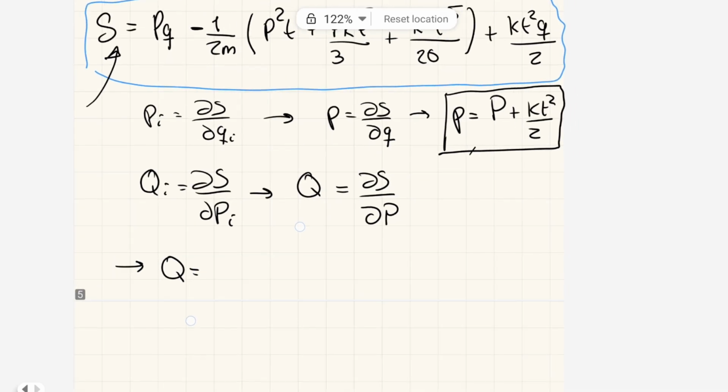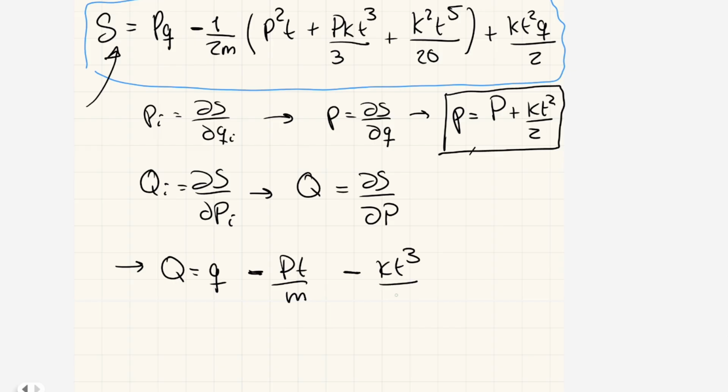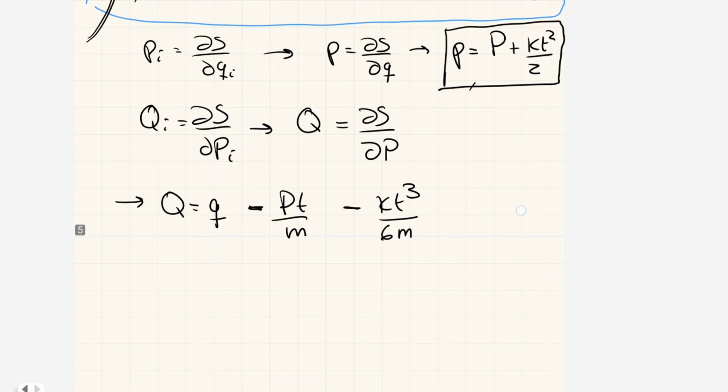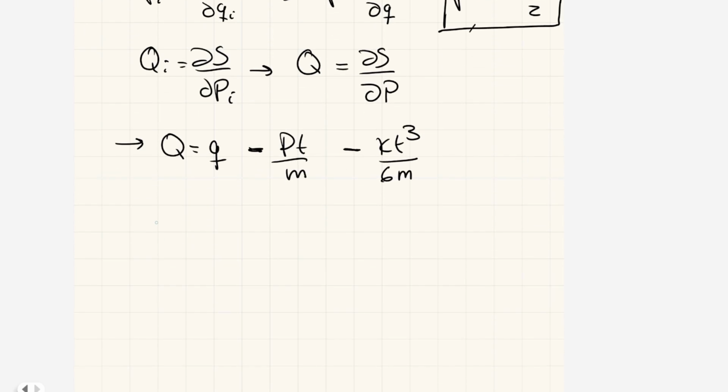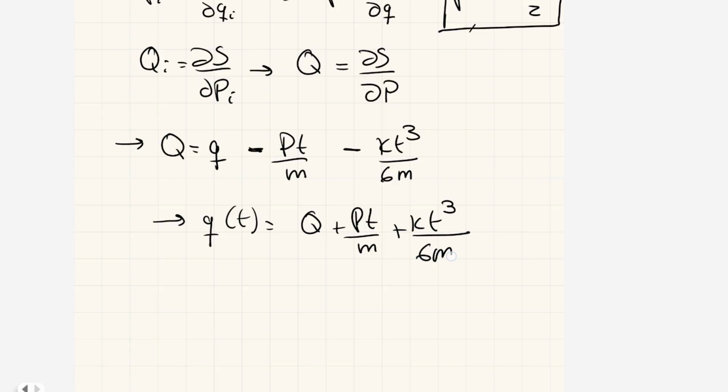Well, upper Q is going to be q minus Pt divided by m and then minus kt to the third power divided by 6m, just by taking the derivative of S with respect to upper P. So with this, we can find easily that little q as a function of time is going to be Q plus Pt divided by m plus kt to the third power divided by 6m.